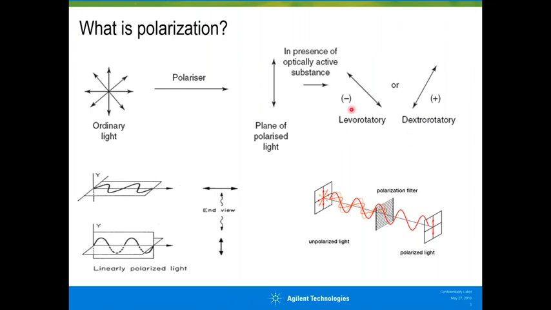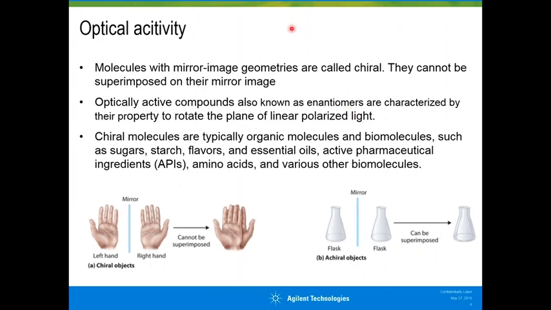Now, let's discuss what optical activity basically means. It's a very basic principle of using a polarimeter. Molecules which have mirror image geometries are called chiral. However, there is a catch: you cannot superimpose these geometries.